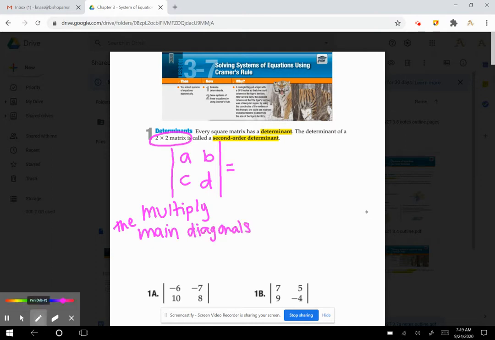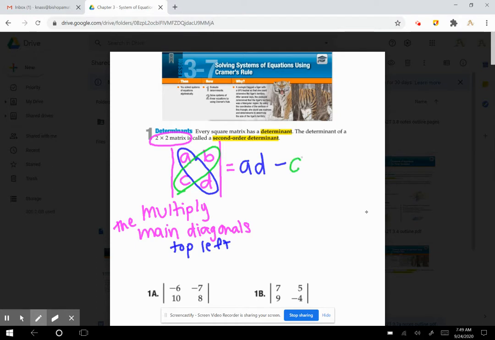And what's the main diagonals? You start at the top left. That top left element is your main diagonal. So you multiply your main diagonals, A times D, and you subtract your other diagonal, C times B. Okay, so that's a 2 by 2, and let's look at how to do examples.